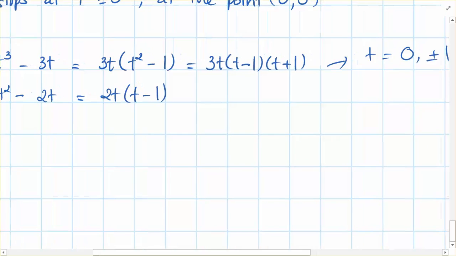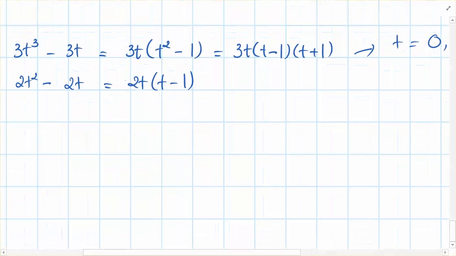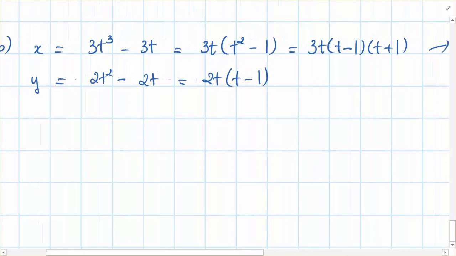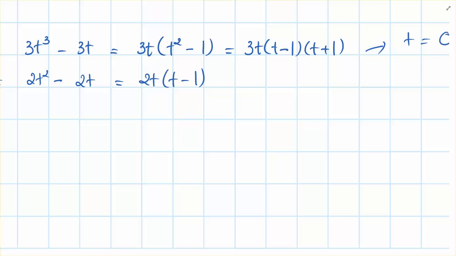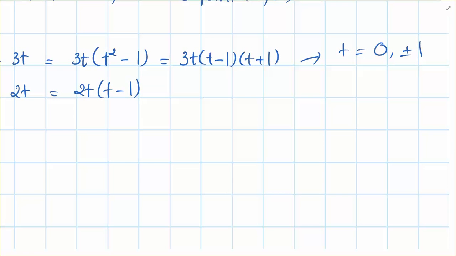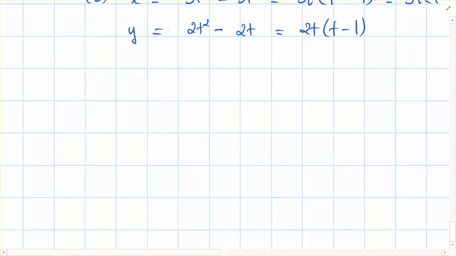But when we apply t to y, we can see that when t equals 0 or t equals 1, y will be 0. So the only option left for us is t equals negative 1.